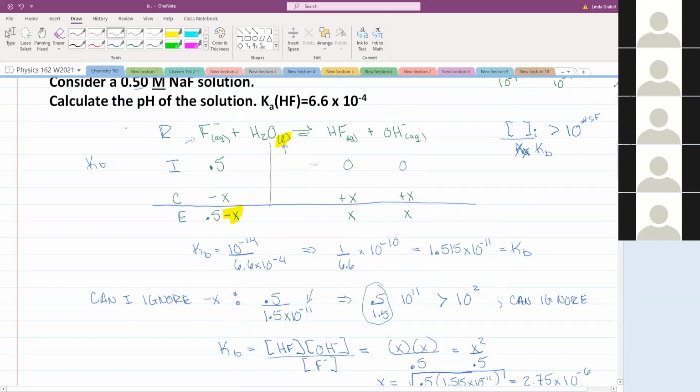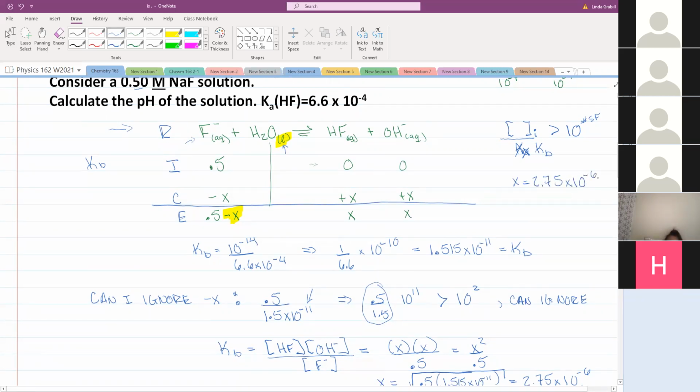To answer your question, what is in this reaction? This is what we were solving for our Kb on. I got the right answer, but I kept mixing up if it was my pOH or my pH. Okay, I haven't asked for the pH or the pOH yet. So first, let's come back to that and make sure that you're comfortable with it before we finish the lecture today. What does that X value represent? So I have X equals 2.75 times 10 to the negative 6. Anyone?